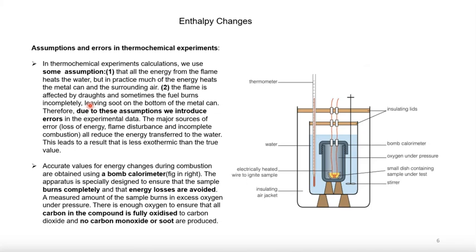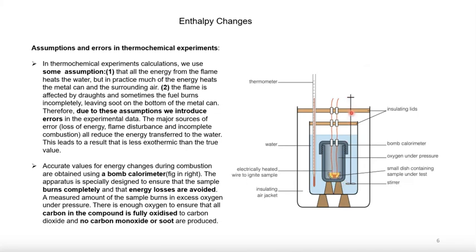So to measure accurately, we use a bomb calorimeter to measure this enthalpy change. That means we have a completely closed system. Here is the water-containing vessel, and this is what we call the bomb calorimeter, and here is the small dish containing the sample under test.